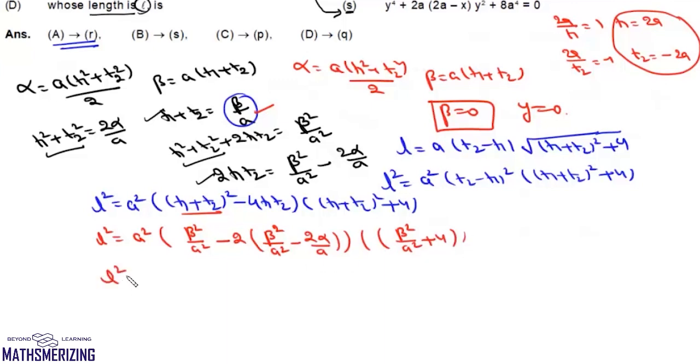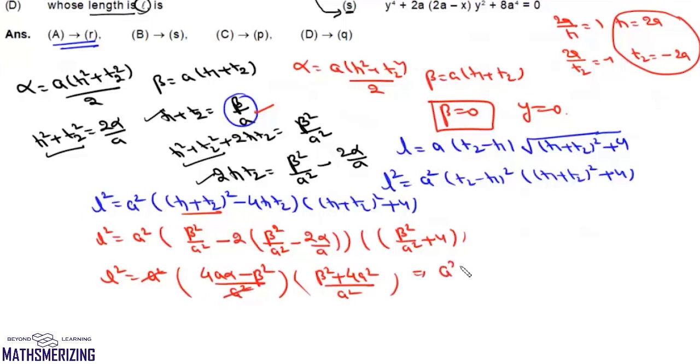Now we'll take LCM and simplify. We'll write this as L square equals a square times (4a alpha minus beta square) upon a square, times (beta square plus 4a square) upon a square. Now a square will cancel. We can write this equation as a square L square equals (4a alpha minus beta square) times (beta square plus 4a square).